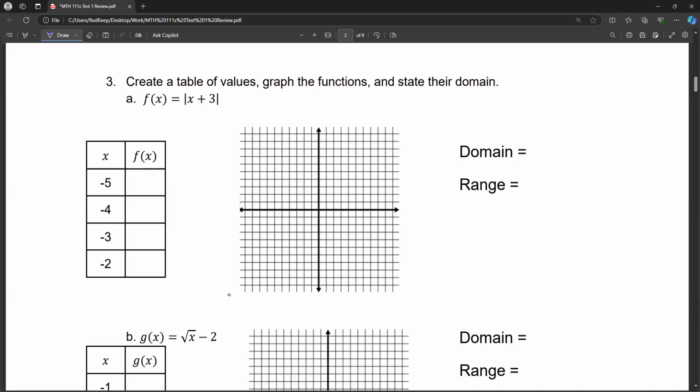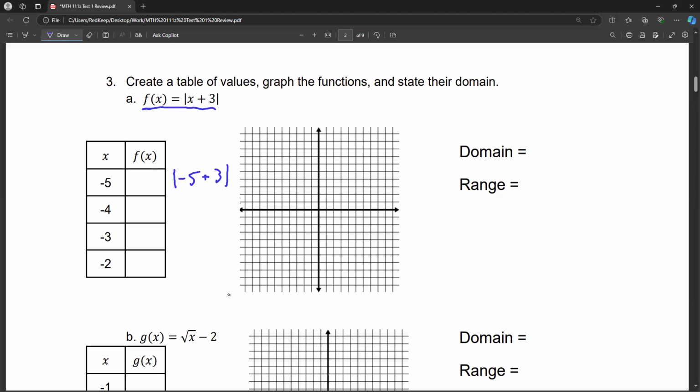And so our function is described as, this would be read as, the absolute value of x plus 3. And so what we want to do here is plug in -5 for our first entry, wherever there's an x. And so it looks like there's an x inside that absolute value.